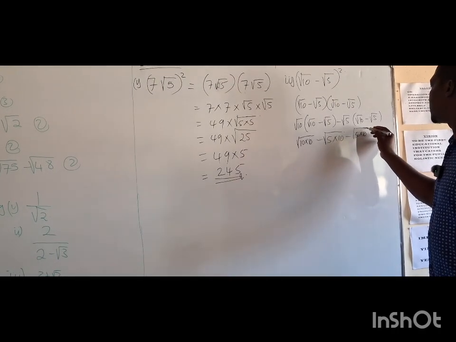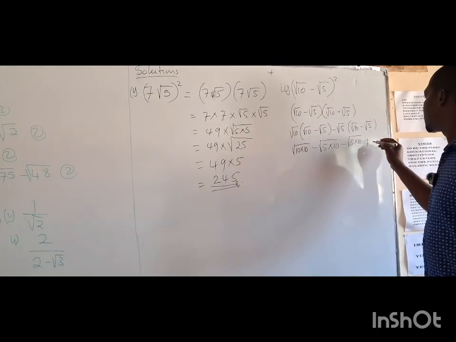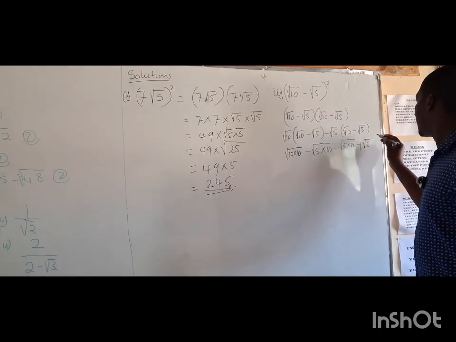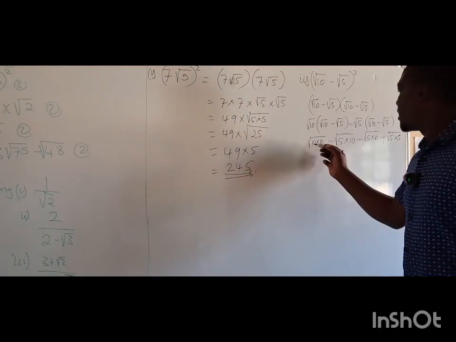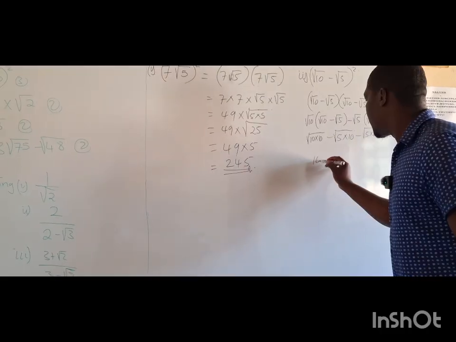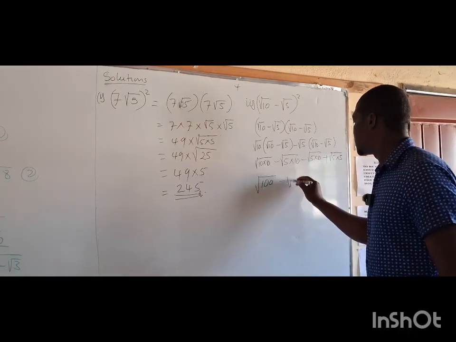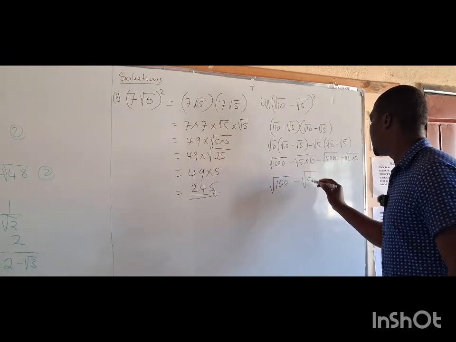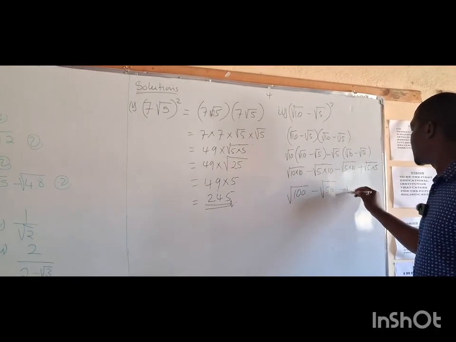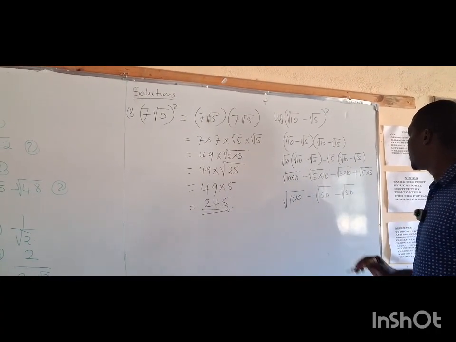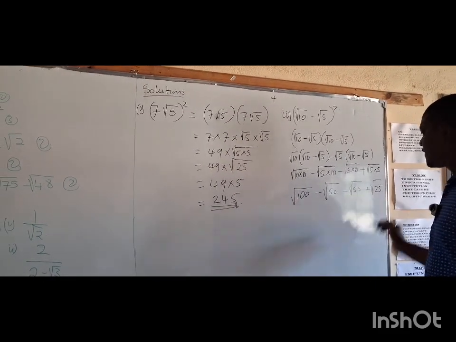Then we are saying plus, minus times a minus is plus, root 5 times 5 there. So we are saying 10 times 10, you get 100. So which is square root of 100 minus 5 times 10, which is 50. So you have minus root 50 plus root 25 there.